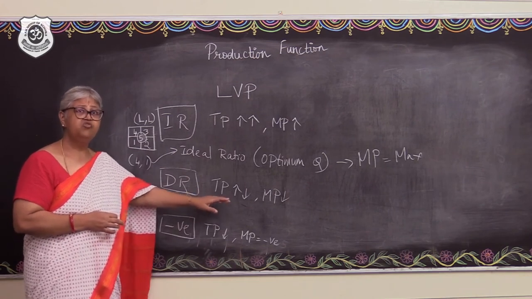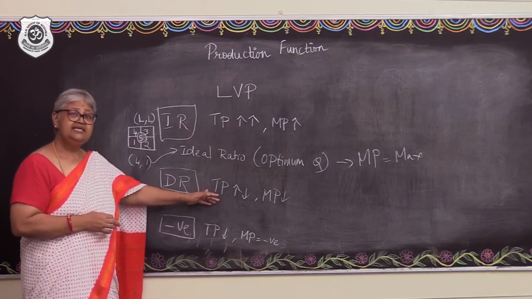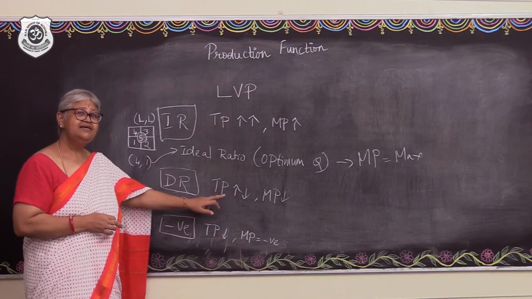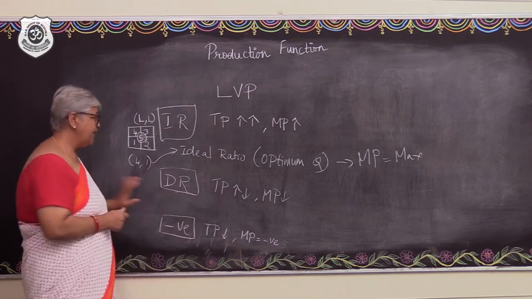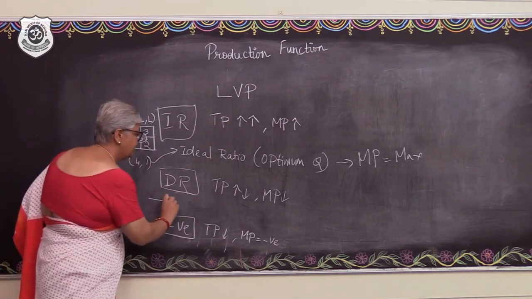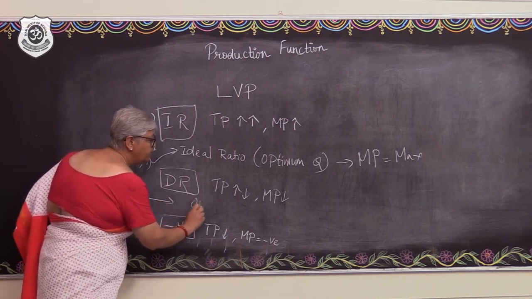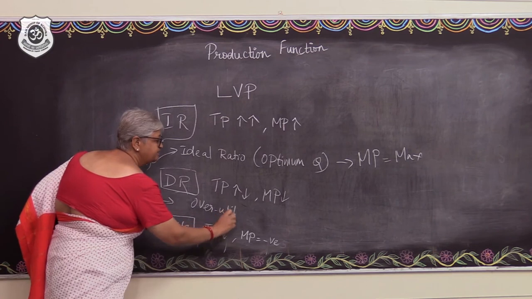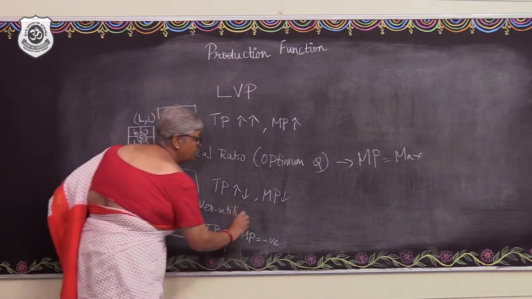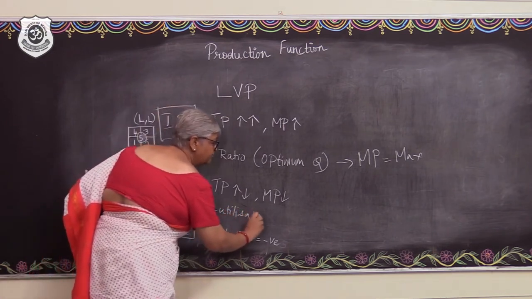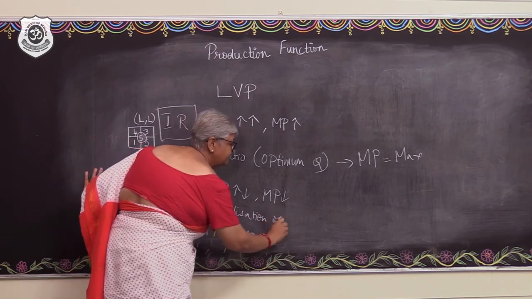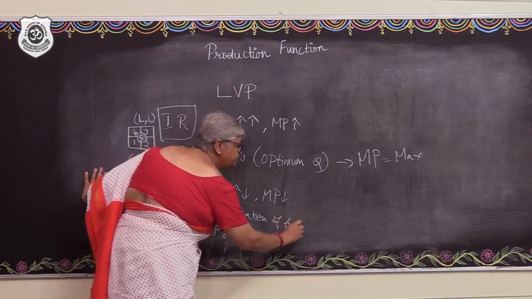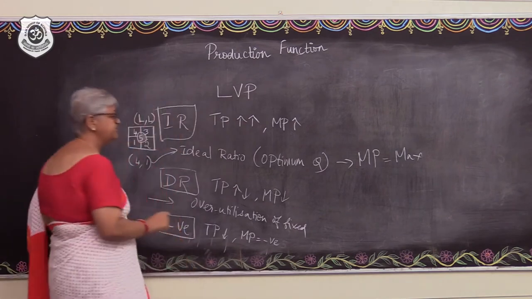So, the MP falls and the TP increases, but it increases at a decreasing rate. Now, why is that happening? That is happening because of overutilization of the fixed factor. So, what happens because of this overutilization of the fixed factor?